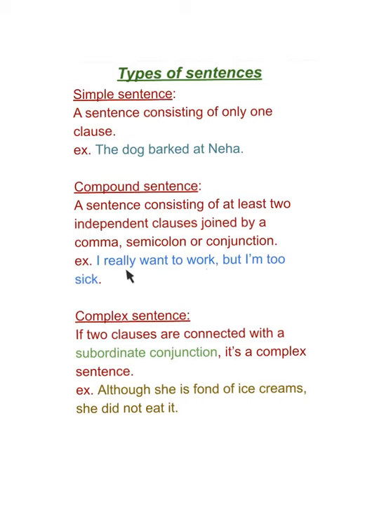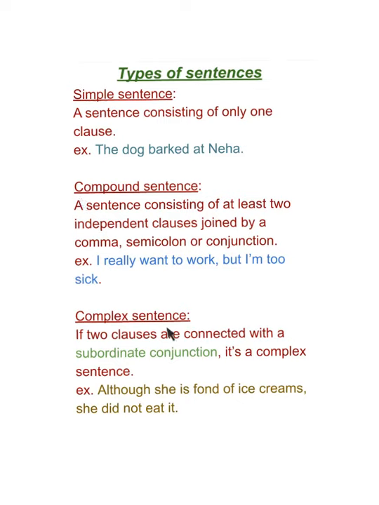One is, I really want to work, and one more sentence, I'm too sick. So these two sentences are joined by but. This is a conjunction. So when two independent sentences are joined by a conjunction, comma or semicolon, it becomes a compound sentence.